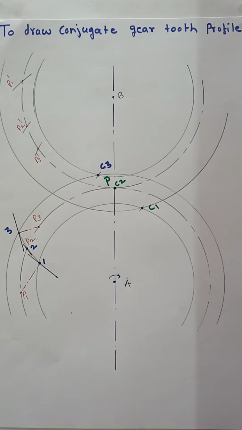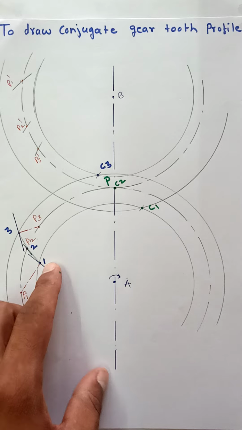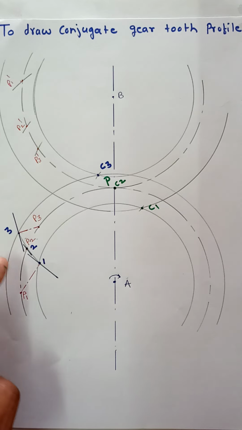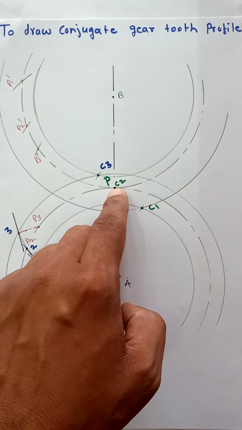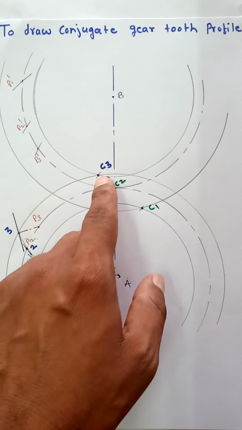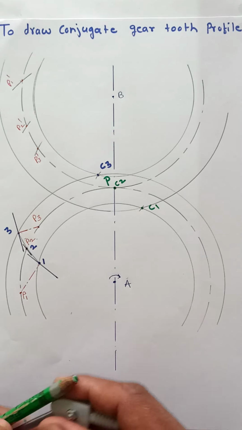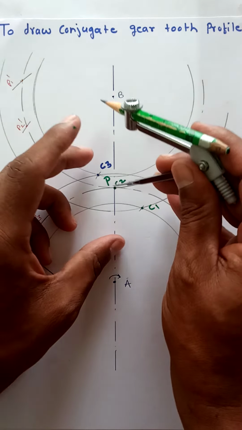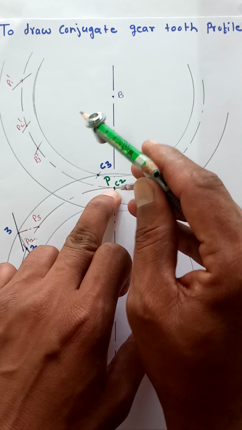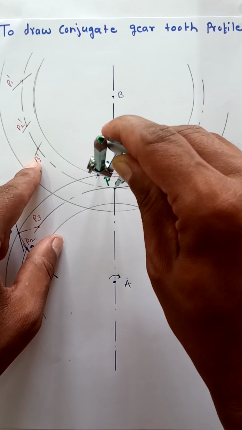Now we will mark the positions of point 1 dash, which will come in contact with point 1 at C1, point 2 dash, which will come in contact with point 2 at C2, and point 3 dash, which will come in contact with point 3 at C3. For that, when P3 dash reaches P, point 3 dash will be at C3.